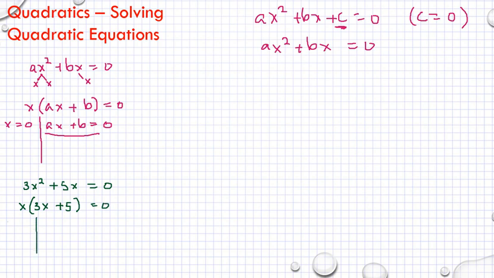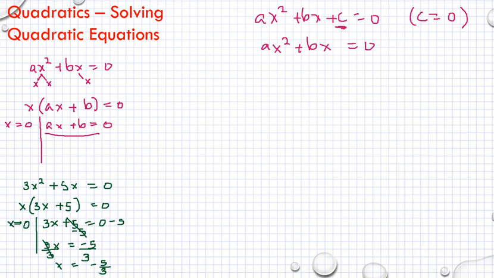Our first root is 0. And our second root comes from 3x plus 5 is equal to 0. Subtracting both sides of the equation by 5, we have 3x is equal to negative 5. Divide both sides of the equation by 3, then x is equal to negative 5/3.